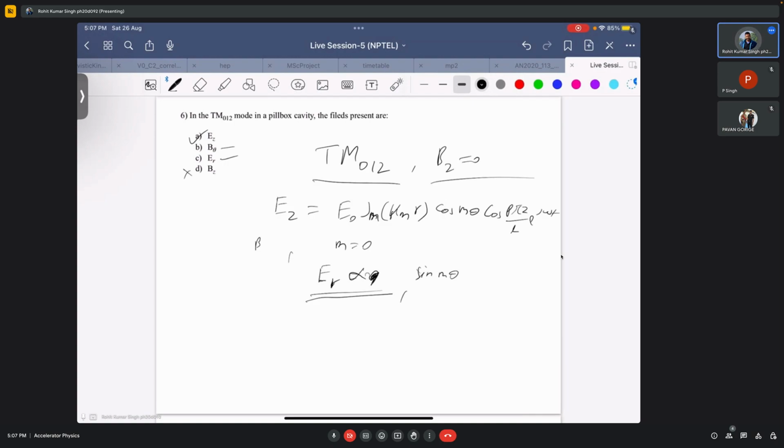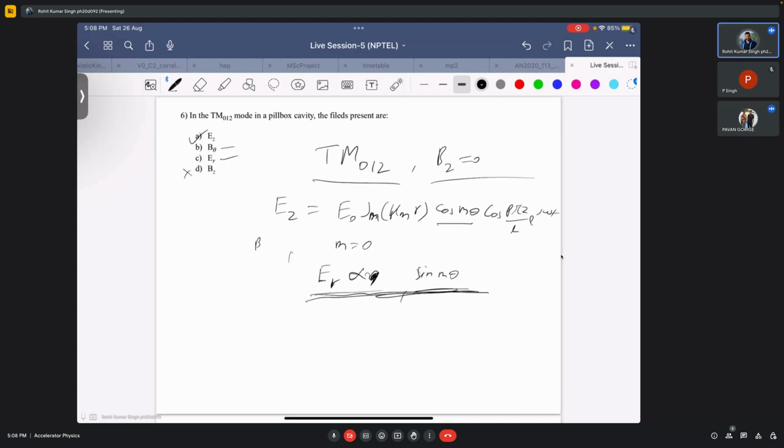But yeah, I think it has sine m theta dependence, and since m is 0, that's why ER is 0. I don't remember the exact formula, but because Ez has cos dependence, Er should have sine dependence. Anyway, I'll check. Maybe you can also check.